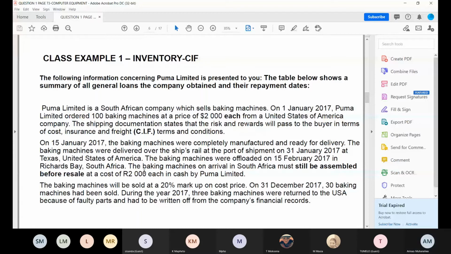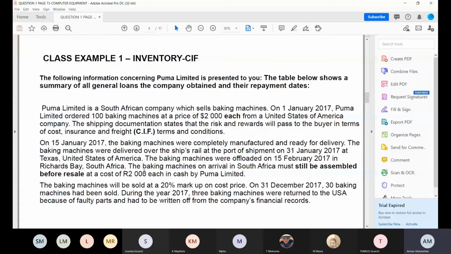So the question reads as follows. Puma Limited is a retailer of baking machines.